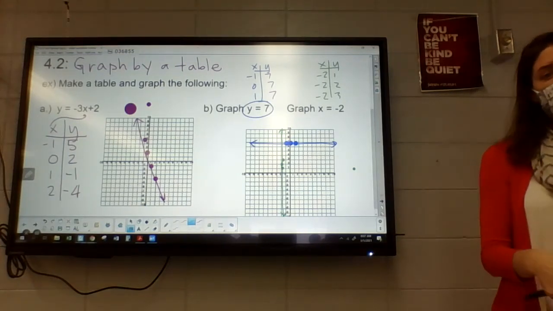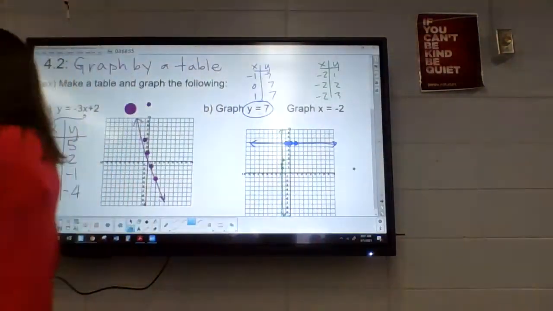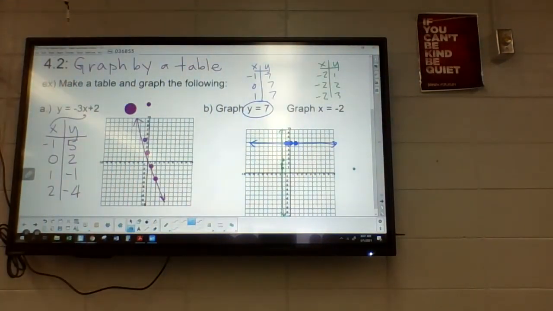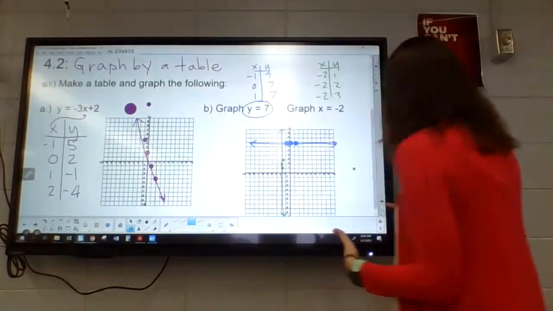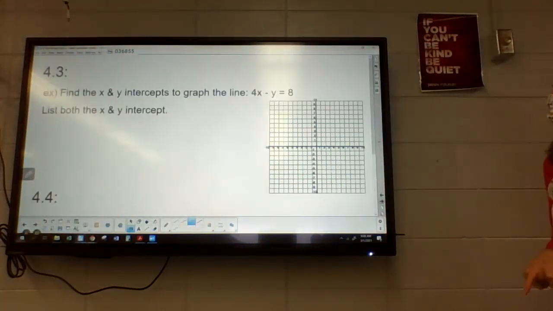So then from there, we went to talking about graphing by intercepts. So intercepts was where we only found the 2 points, but they were the 2 points on the axes. And so in that case, those points were kind of like nice points to work with.